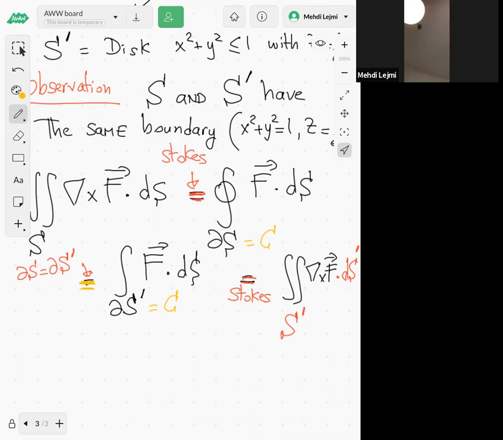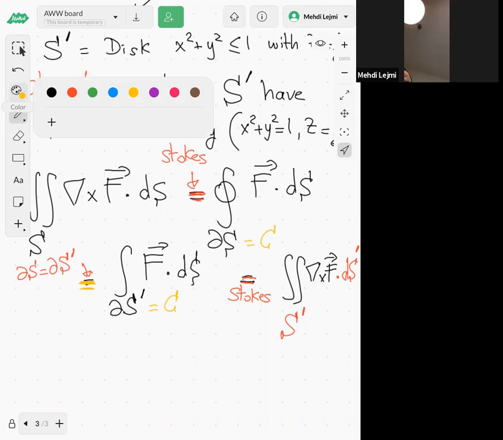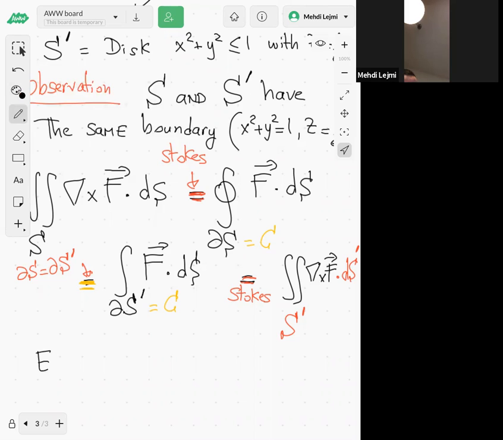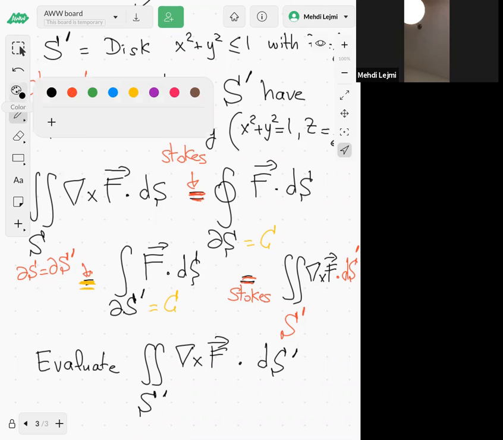Now let's see what the integral of the curl of f along S prime will be.